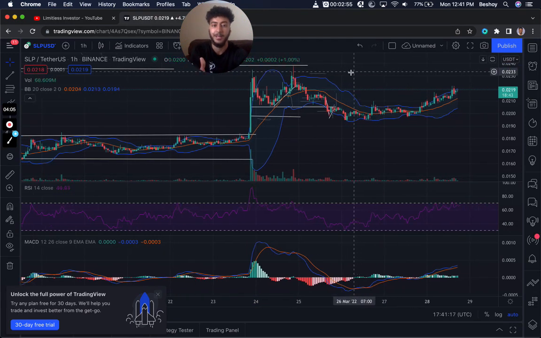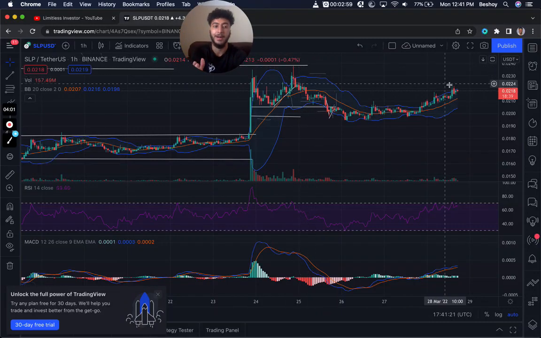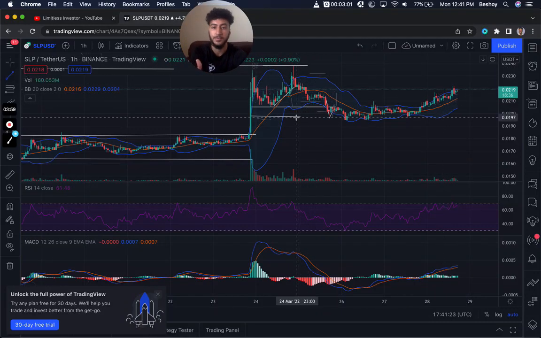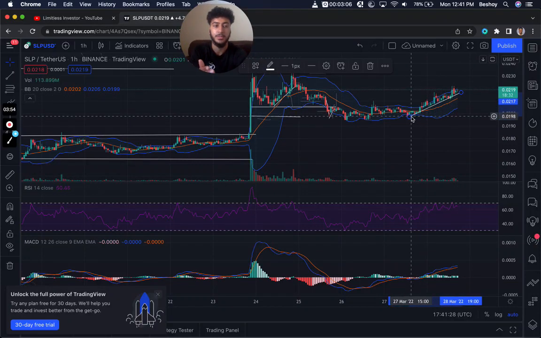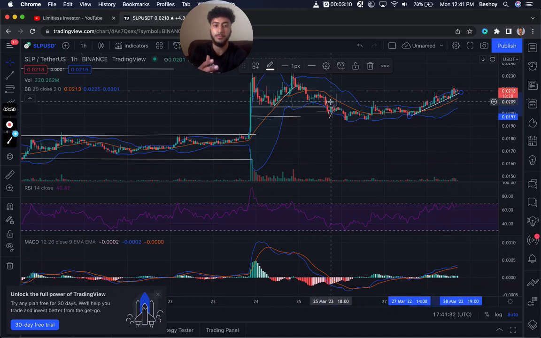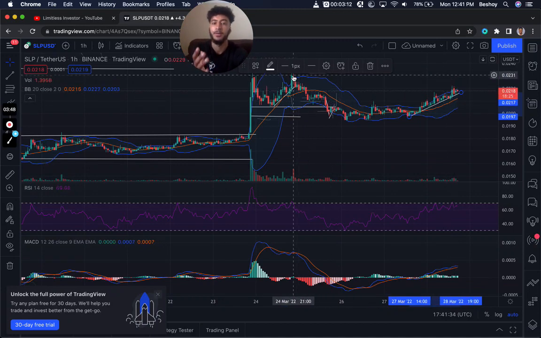So what I mean by that is there's investors that decided to sell here, okay? And now price is kind of in an uptrend, okay? So if we draw our lines, we can see an uptrend, okay? At 0.0198 and 0.0221. So if price does go back up there, please be careful, okay?